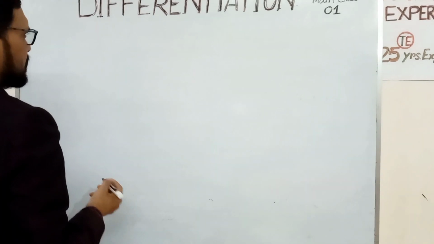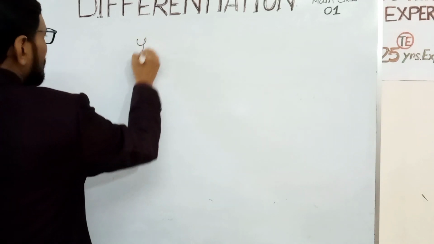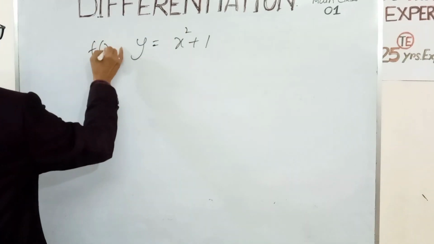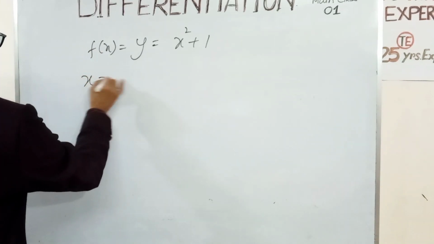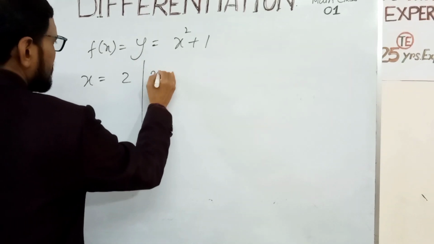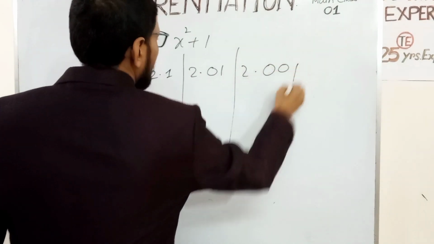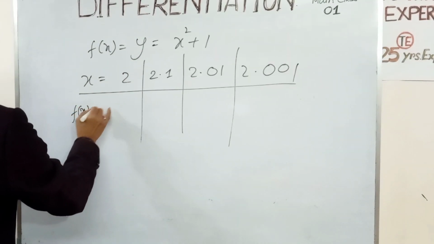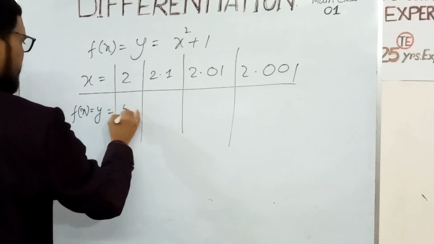What is dy by dx? We try to understand with another example, y equal to x square plus 1. So y equal to f(x) equal to x square plus 1. Now first we put the value of x equal to 2, then we increase the value as 2.1, 2.01, 2.001. For x equal to 2, y becomes 5.